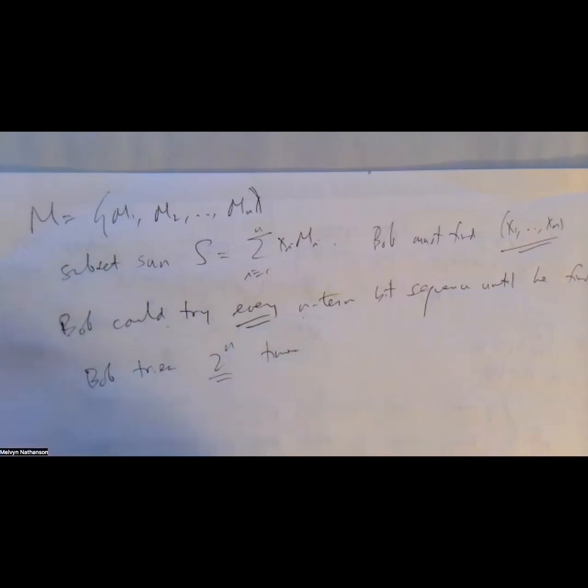Like if your sequence M had 3 terms, 2, 7, 31, then what are the possible subset sums? So n is equal to 3, and 2 to the n is 2 cubed, which is 8.